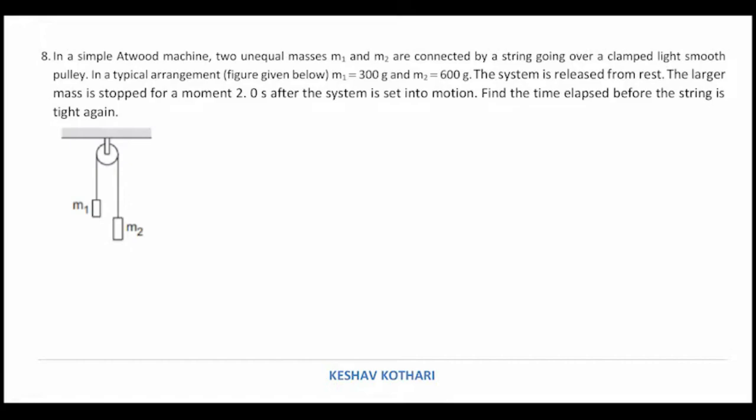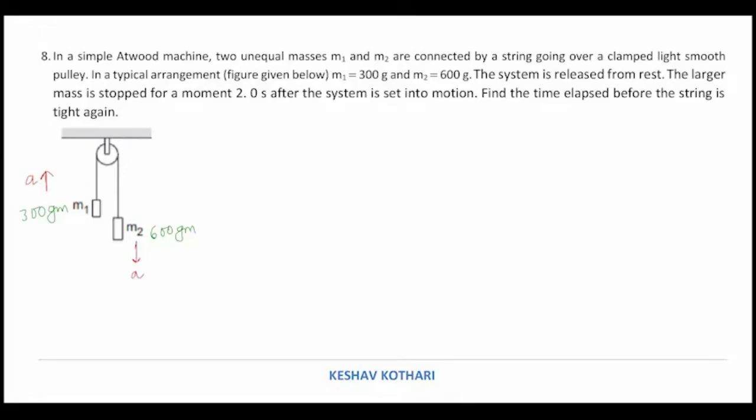So for this particular question, the first thing we need to consider is that this is a mass of 300 gram, and on the other side m2 is a mass of 600 gram, and the two start moving in such a way that m1 is moving upward with an acceleration a and m2 is moving downward with an acceleration a.